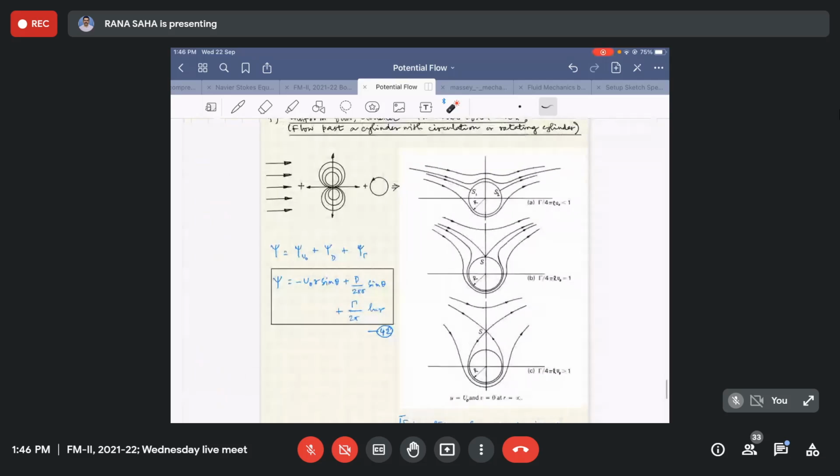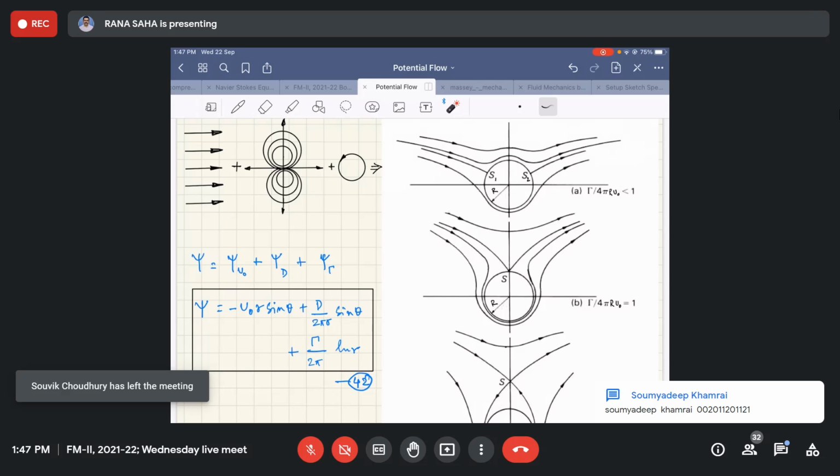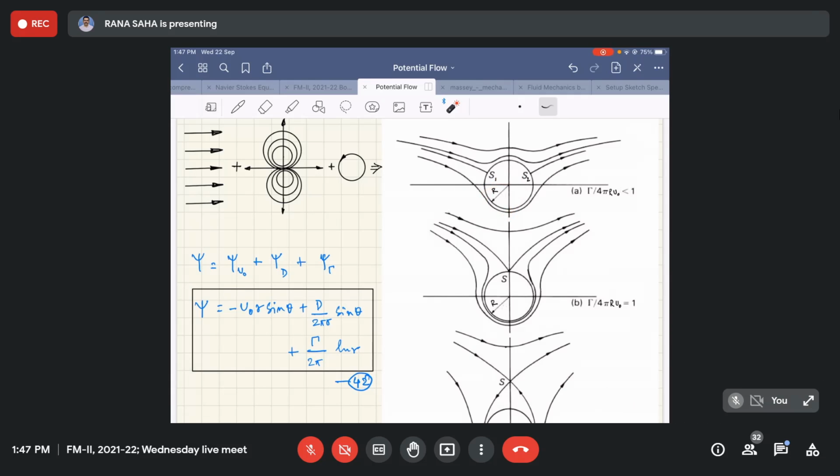Under such a situation, regarding the stagnation point, there are actually two possibilities. This is one set where you can have the location of the stagnation points on the radius r smaller than or equal to capital R, from two distinct points merging to a single point S in the second figure.